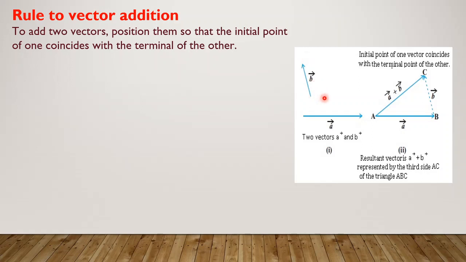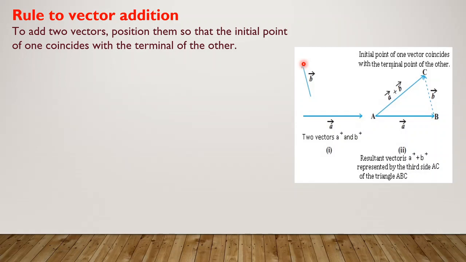Now I need to add these two vectors, vector A and vector B. To add them, please keep in mind we have to position these two vectors in such a way that the initial point of vector B coincides with the terminal point of vector A, or the initial point of vector A coincides with the terminal point of vector B. Whichever way you want, you need to add that way.